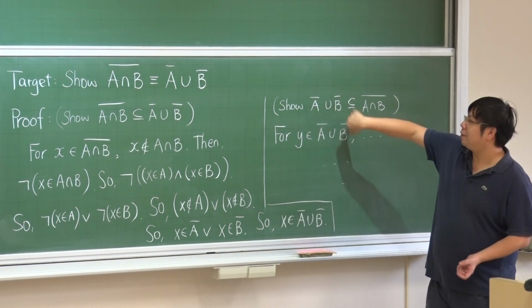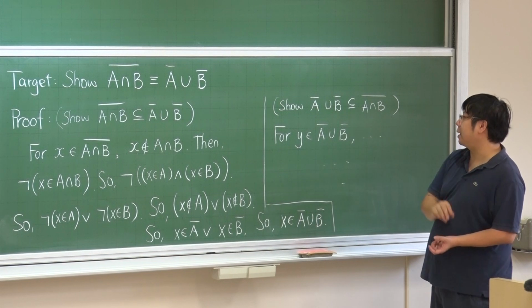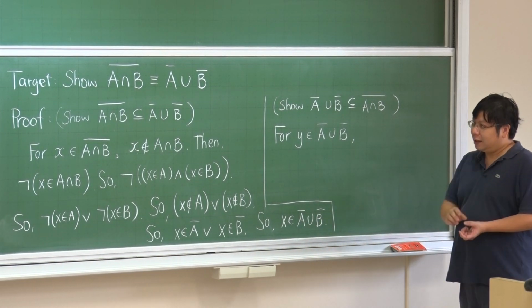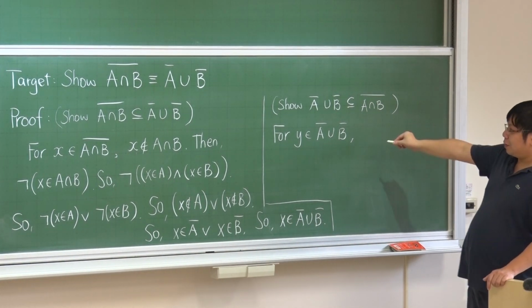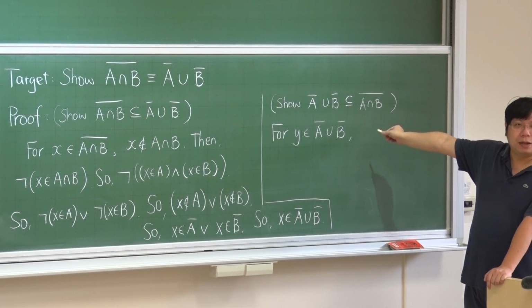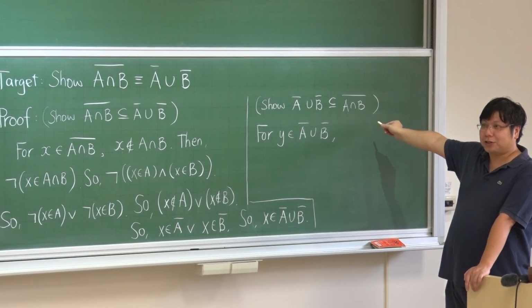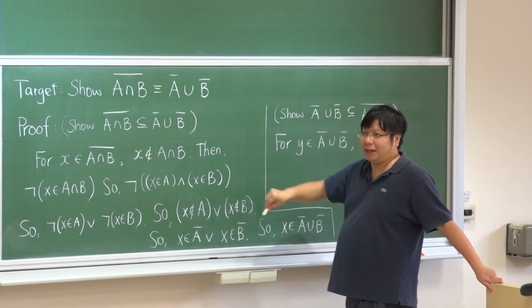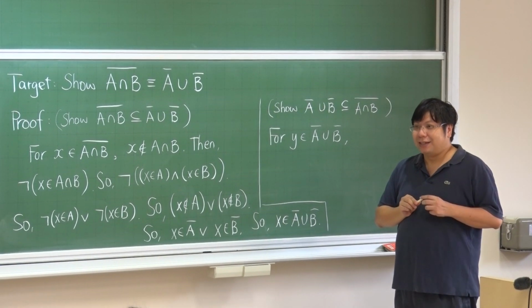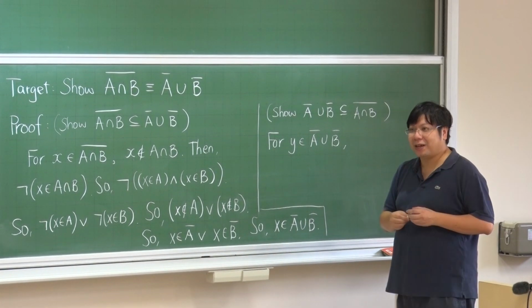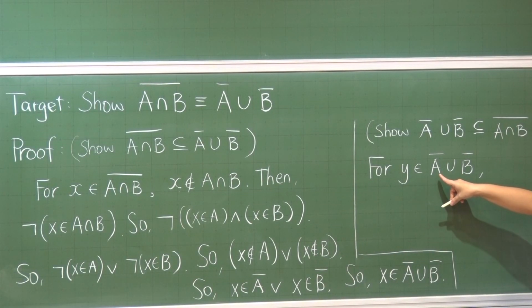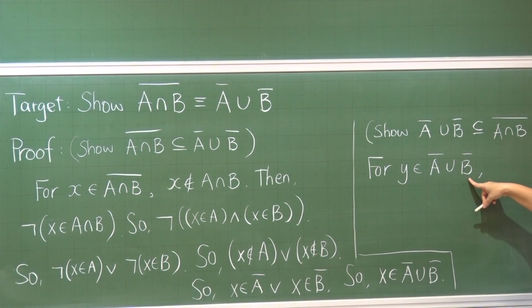So for an exercise, let's do the other part. Let's see what it will be. To do the right-hand side, it will be great if we can check whether the left-hand side proof works in the reverse direction. If it works, then done. First of all, if y is in not A or not B, then what does it mean?